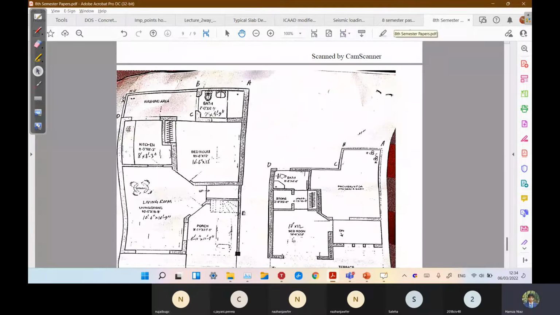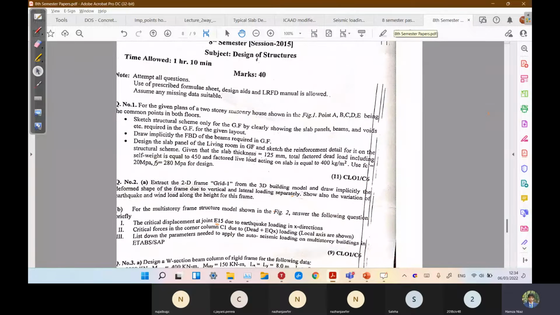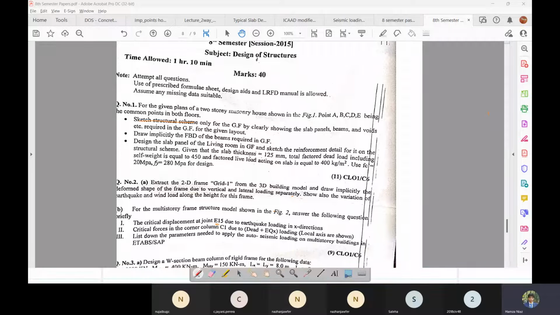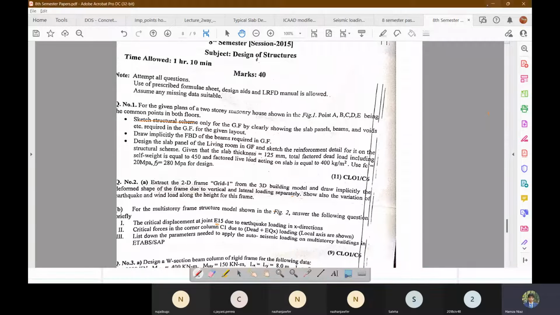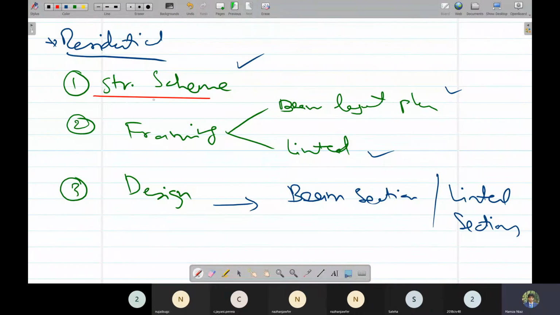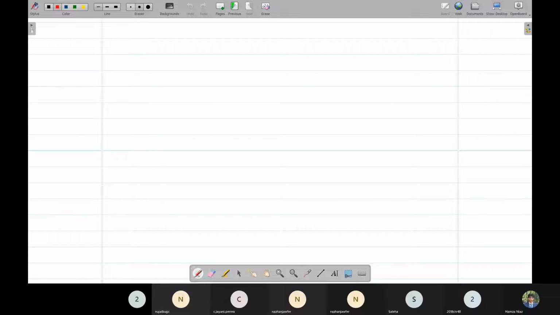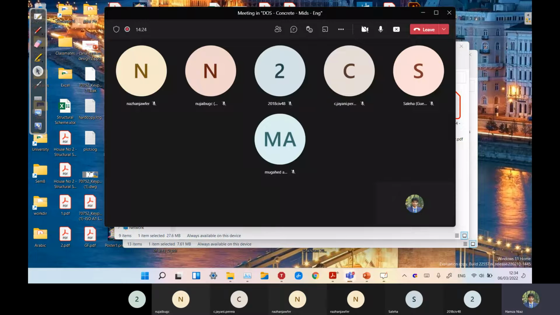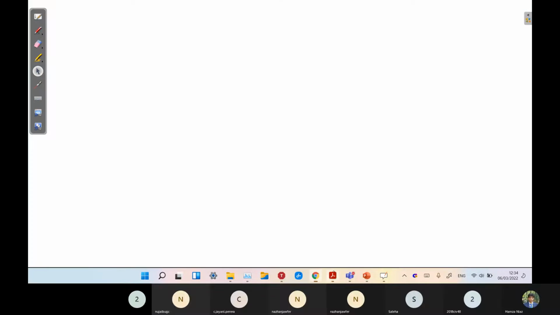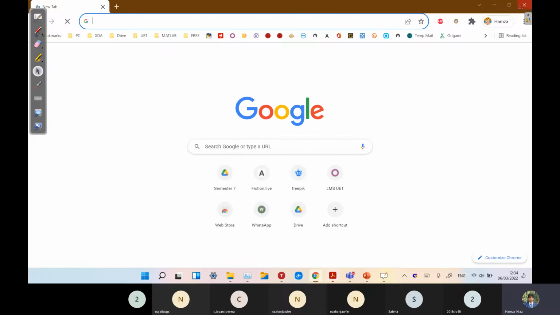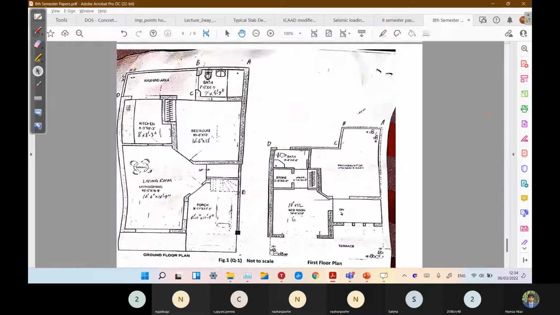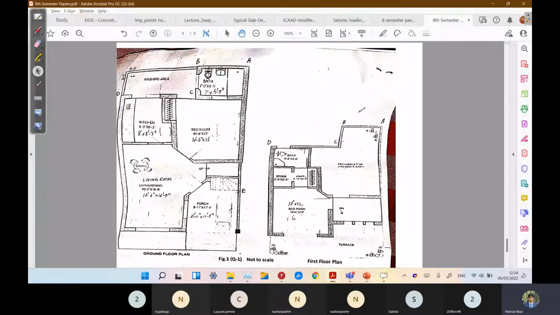So if we move to the second paper, they are saying to sketch the structural scheme. The first part of our work in the residential portion is that we have to draw a structural scheme. The ground floor and first floor plans are given.